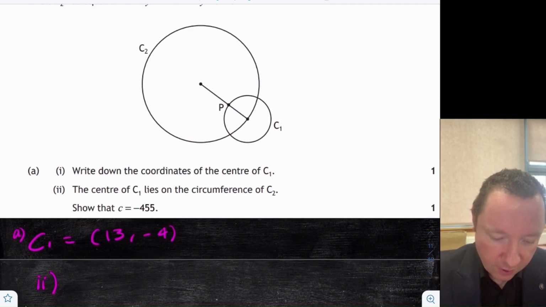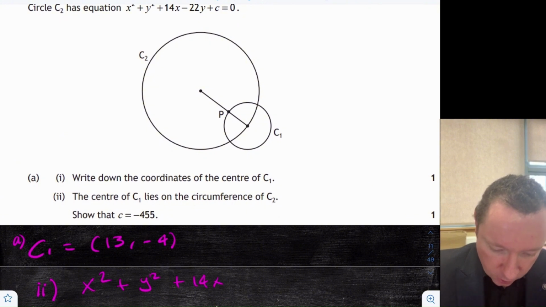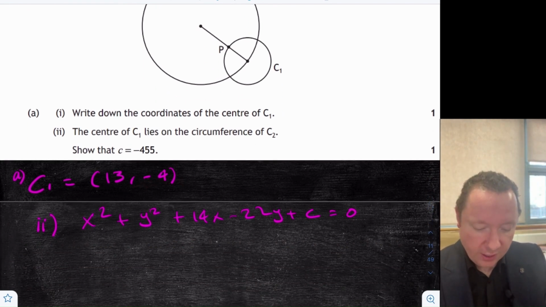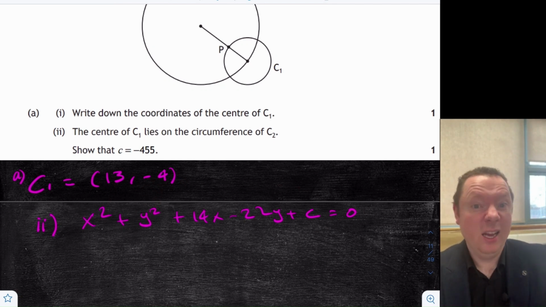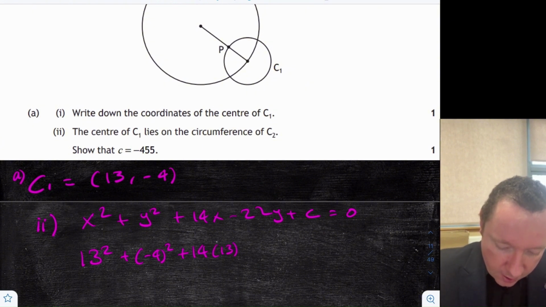So we've got our equation x squared plus y squared plus 14x minus 22y plus c equals 0. But we know that this centre lies on it. So if it lies on it, it means if I sub in 13 and minus 4 for x and y, that has to equal 0. Otherwise it wouldn't lie on it. So we get 13 squared plus (minus 4) squared plus 14 times 13 minus 22 times minus 4 plus c equals 0.